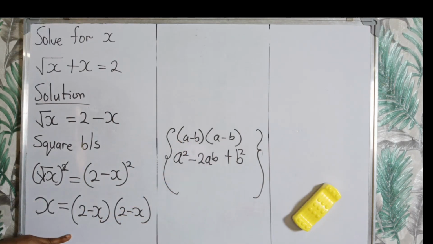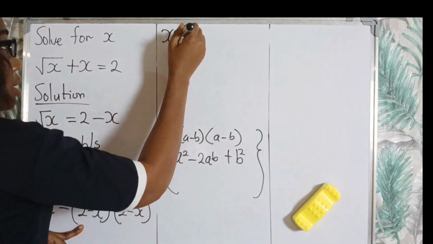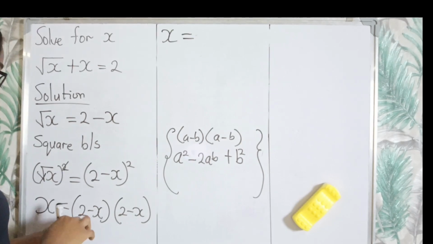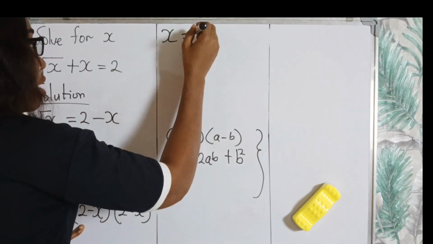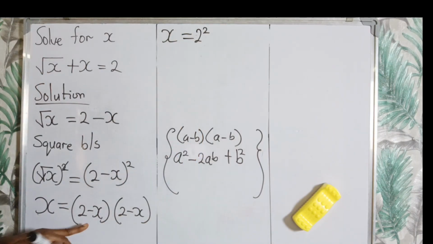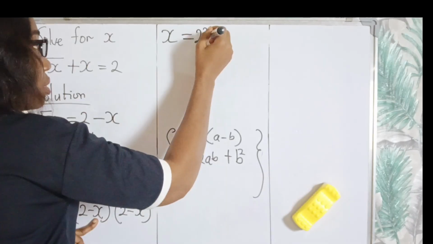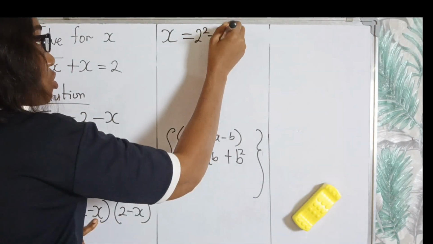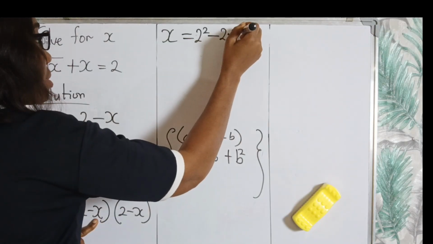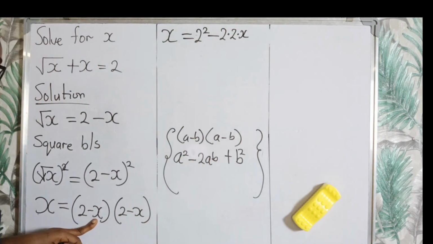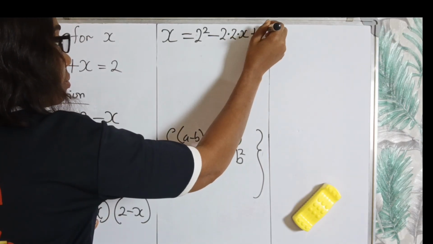All right, so now we are going to have x is now equal to, we take this represents our a, so we are going to have 2 squared, minus 2ab. So this will be minus 2 times 2 times x, plus x squared.